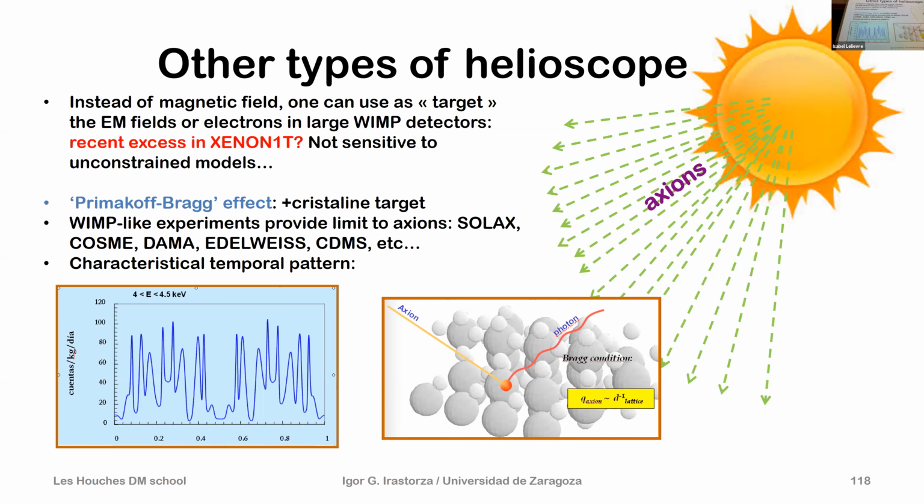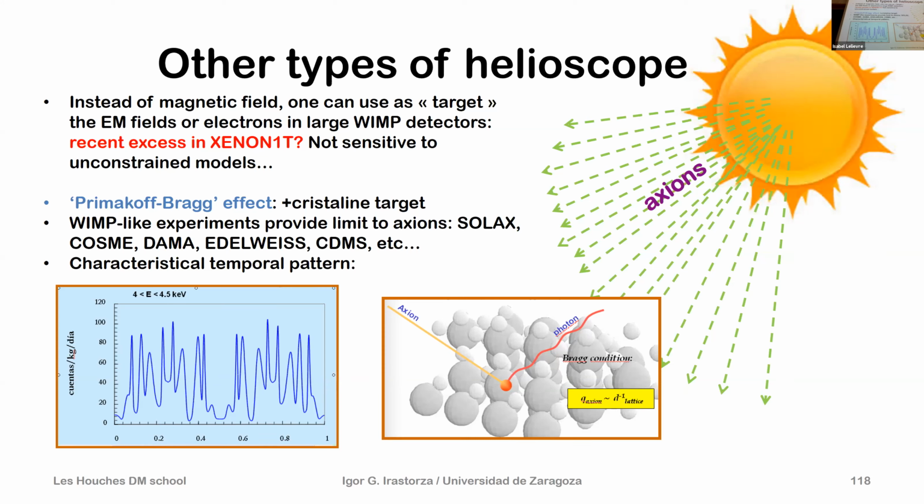And then this time, because of the movement of the sun or the earth, you expect a very characteristic temporal pattern. This can be computed carefully with the position of the sun and knowing the crystallographic information of the detector. And this has been used as a byproduct by many experiments in the past looking for WIMPs, like EDELWEISS or CDMS, GERDA itself.